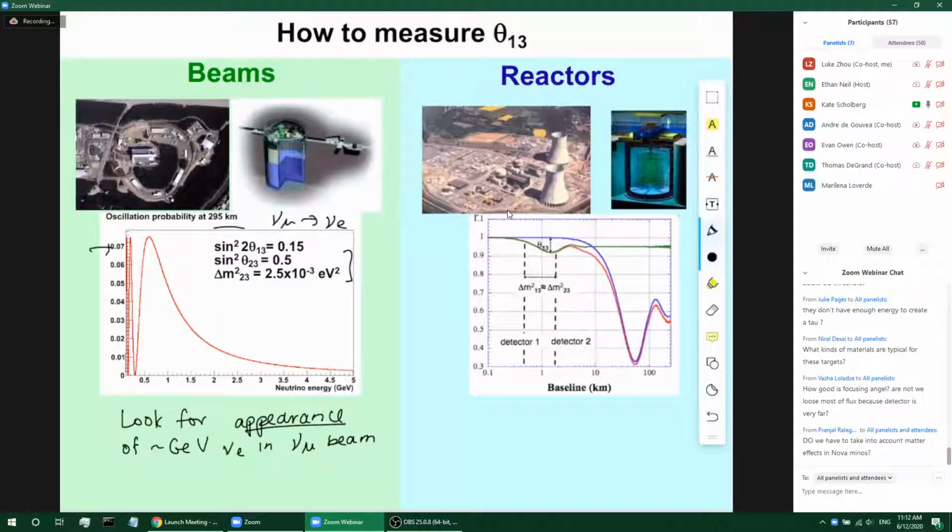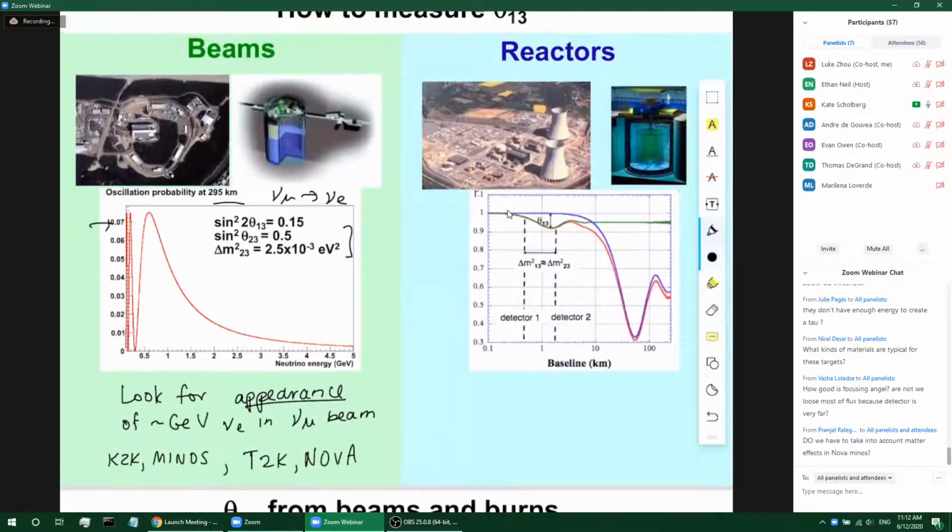So that gives you the scale of it. And there were several experiments. K2K looked, it didn't have enough statistics. MINOS also looked. And T2K and NOvA were the eventual experiments that were able to observe this oscillation consistent with a non-zero theta 1,3.